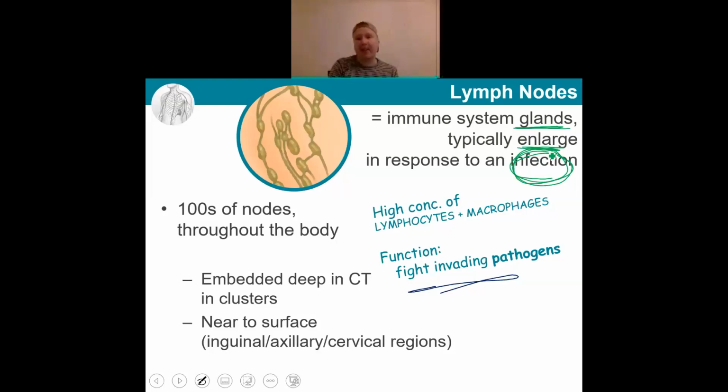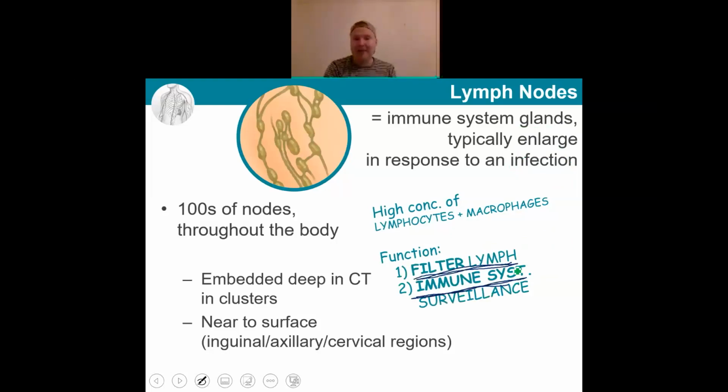There are hundreds of lymph nodes throughout your body, and their main function is to fight against pathogens, things that shouldn't be in your body. Lymph nodes are the site where the fight against those is coordinated from, and that's where it mainly happens.